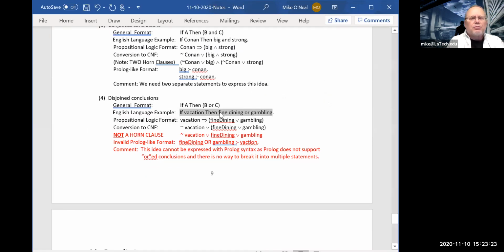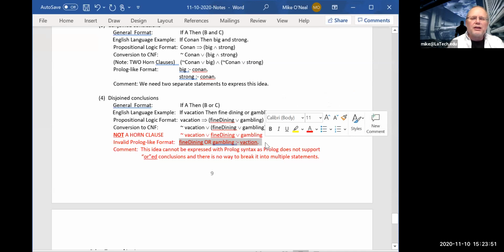You can't express this in Prolog because what you're trying to say is vacation implies fine dining or gambling, which is not vacation or fine dining or gambling, and you have two positive things here. So that's not a Horn clause. You can't write something like that in Prolog.